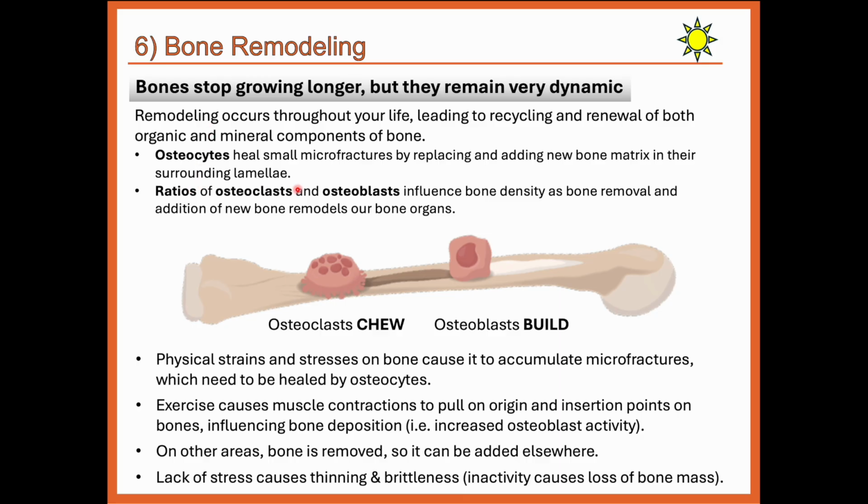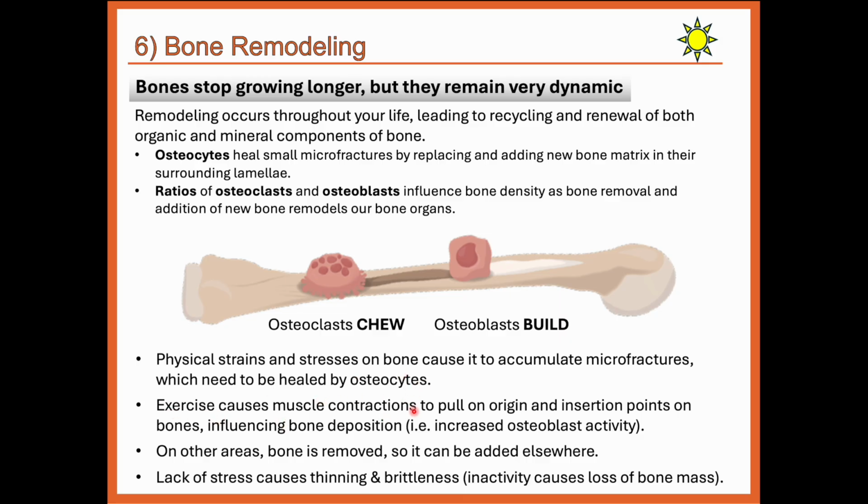The ratios of osteoclasts and osteoblasts will influence bone density. And you know, the chewers, the clasts, they chew off, the builders, they make new bone, right? And I told you this before. This was essential. Physical strain and stresses on bone, that's what causes it to accumulate microfractures, which need to be healed by the osteocytes, right?